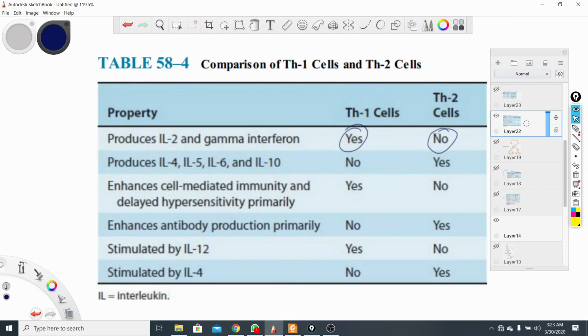These are four classes which have been studied so far. Th1 and Th2 perform different functions regarding the secretion of cytokines, where Th1 cells secrete IL-2 and Th2 cells secrete the major portion of IL-4 and IL-5.